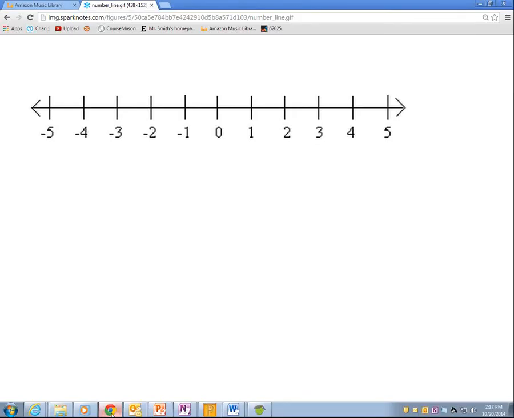Now, if we're dealing with number lines, we have the number 23. Now, this is just a small example. And the number 23 is going to be down this direction.